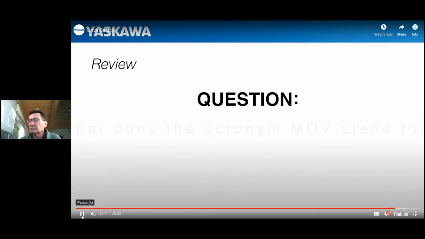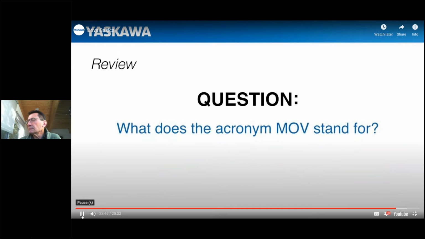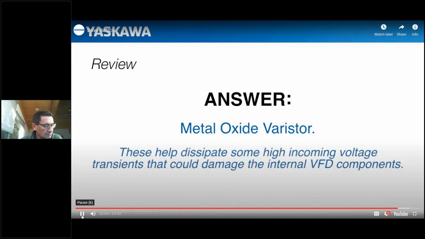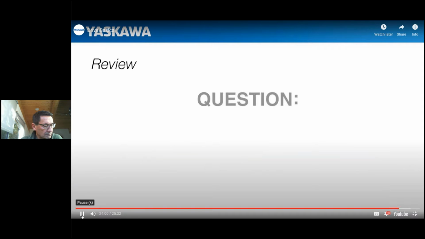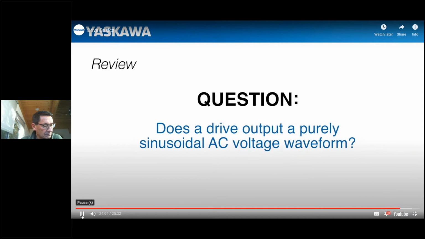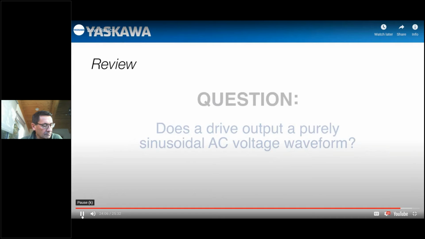Question number 2. What does the acronym MOV stand for? That's right, metal oxide varistor. These help dissipate some high incoming voltage transients that could damage the internal VFD components. Question number 3. Does a drive output a purely sinusoidal AC voltage waveform?